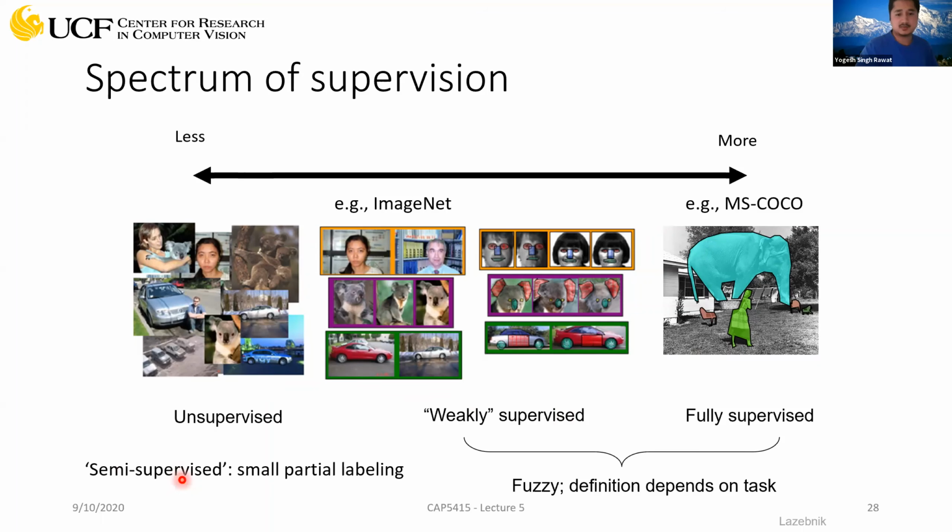This is different from weakly supervised, so don't confuse these two. Semi-supervised is when you have partial labeling available. For example, you're trying to solve image classification and you have 100,000 images in your data set, but only 20,000 of the images have labels available and the remaining 80,000 have nothing. That's called semi-supervised.